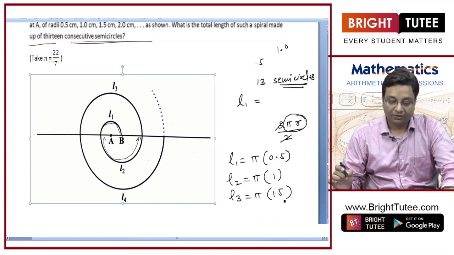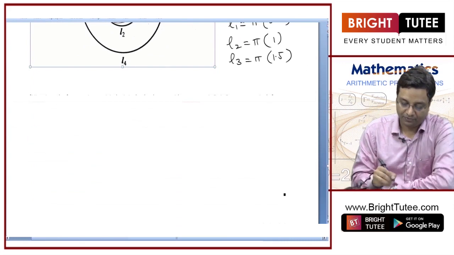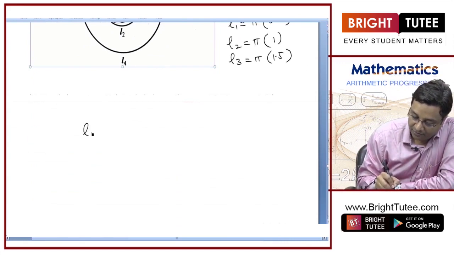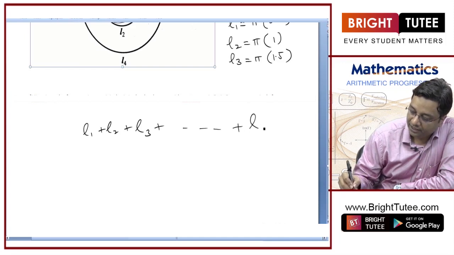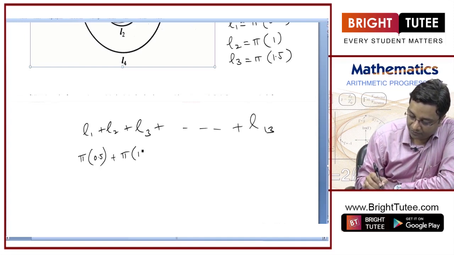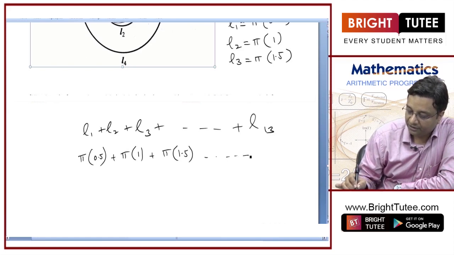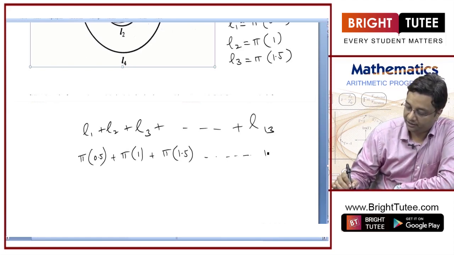What we need to calculate is up to 13 semicircles. So what I can write is L1 plus L2 plus L3 plus up to L13, right? This is pi 0.5, pi 1, pi 1.5, and so on up to 13 terms.